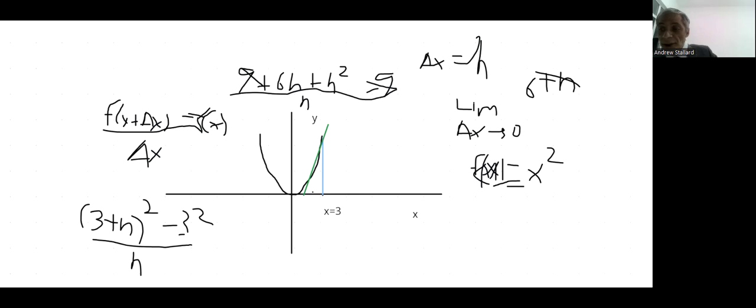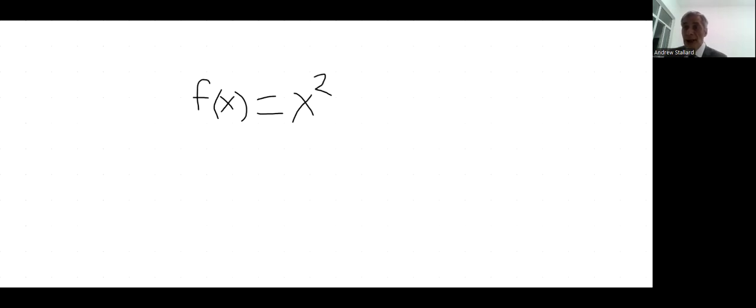So let's look for the general formula for f of x equals x squared. Let's say we want to find the general formula for the slope of the tangent line for f of x equals x squared for any x. And we don't have any issues with the domain. Like I was showing you earlier, f of x equals x squared is continuous for the whole domain that goes from negative infinity to infinity.